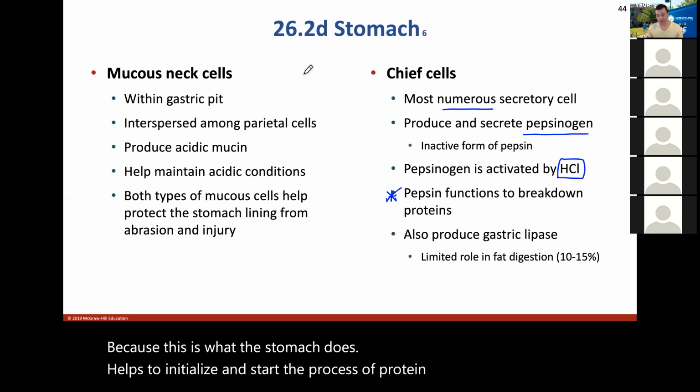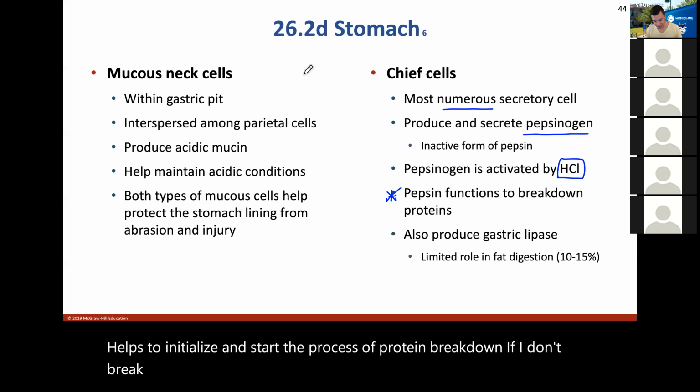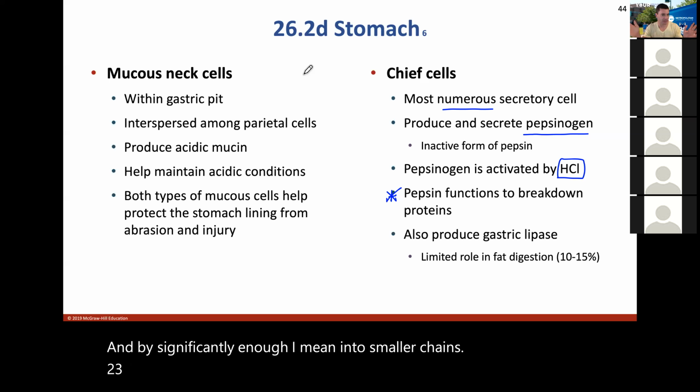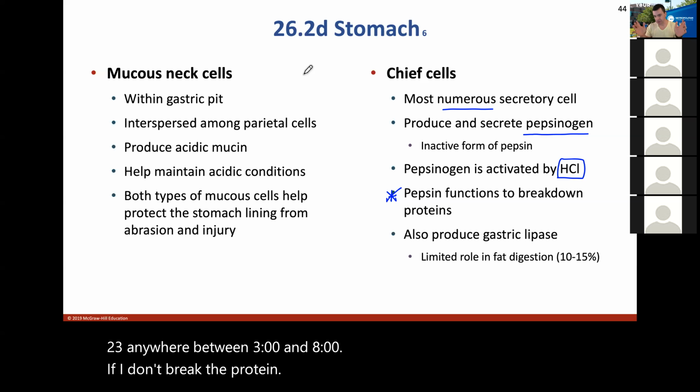If I don't break proteins down significantly enough, into smaller chains of anywhere between 3 and 8, 3 to 10 amino acids, the stomach has not done its job properly.